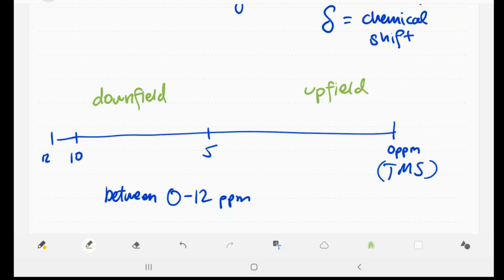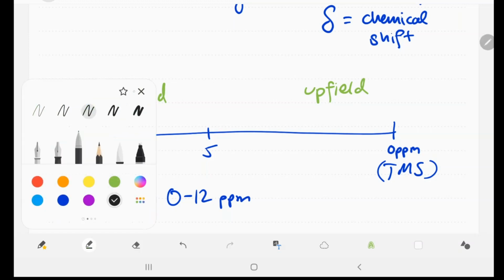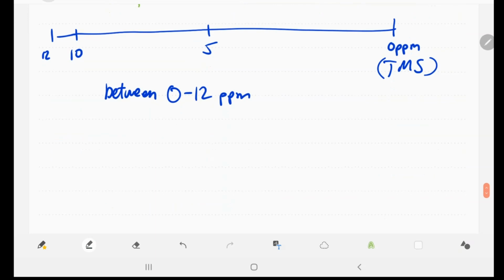So relatively speaking, a good reference peak is chloroform. The proton here shows up at about 7.26 ppm, or the book has it at 7.27, whatever, that's okay.